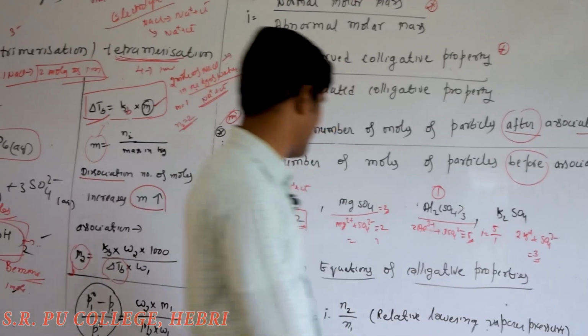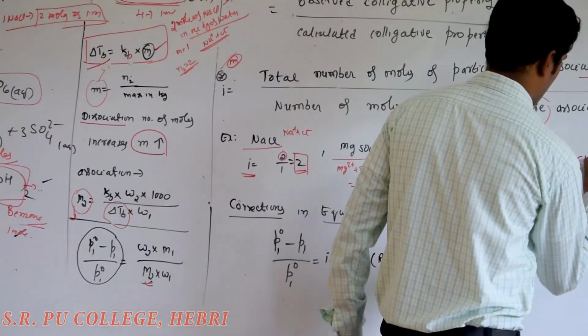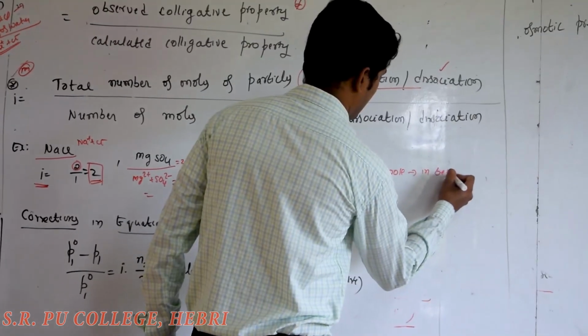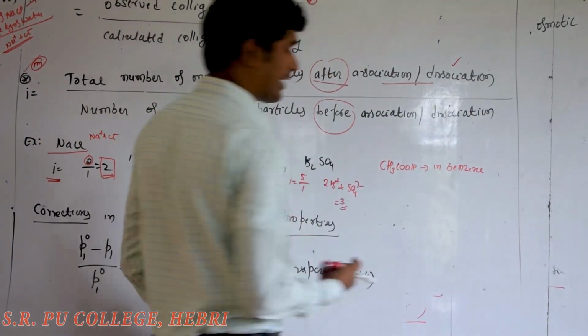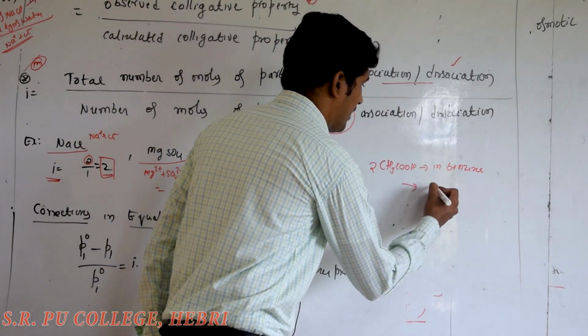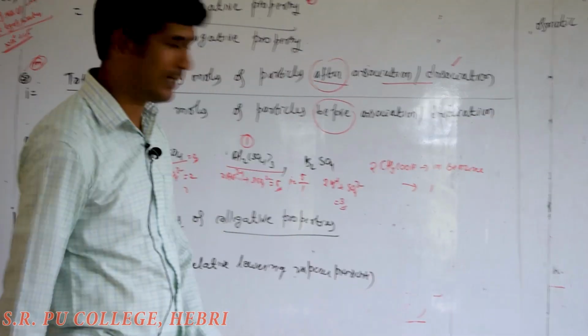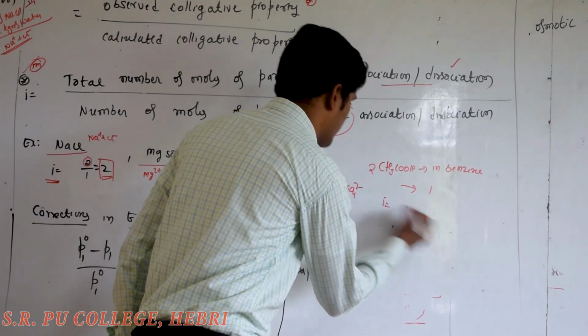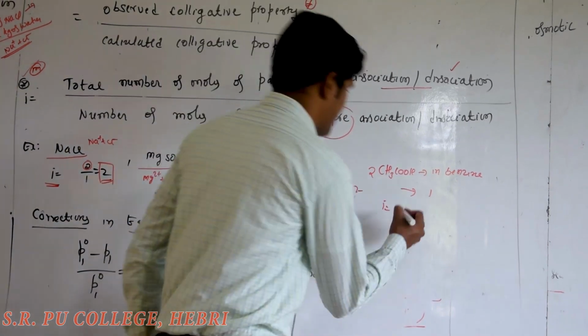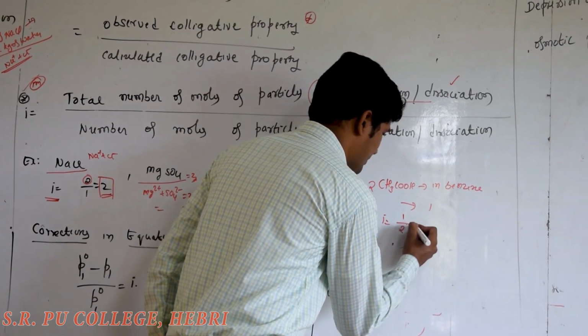Next, one more example I will give you. The example of acetic acid in benzene. In benzene, it is association or dimerization. If you take 2 moles of acetic acid, after dimerization you will get 1. So here i is equal to the total number of moles after association, 1, before it was 2.